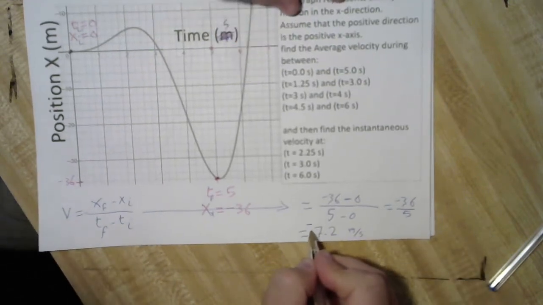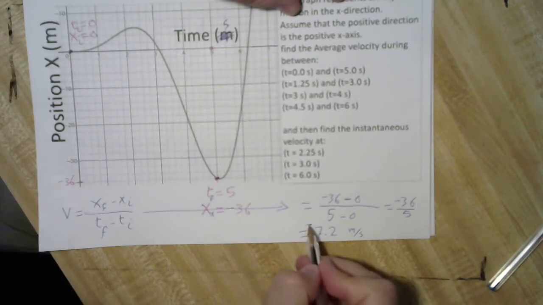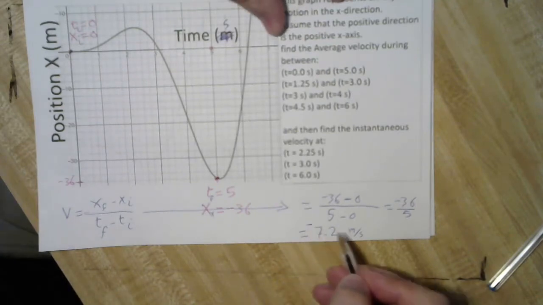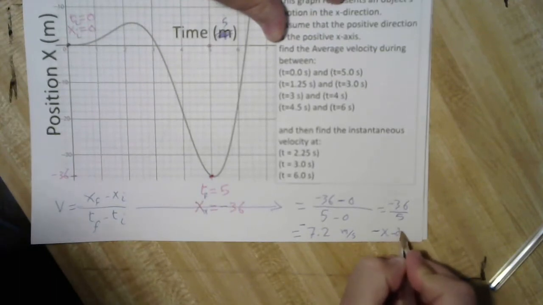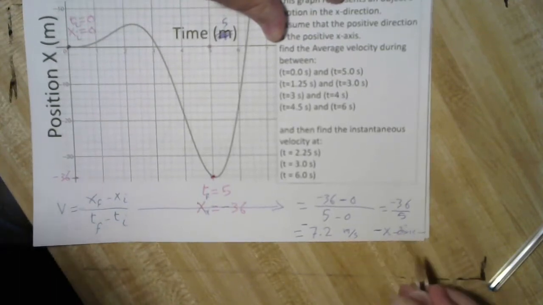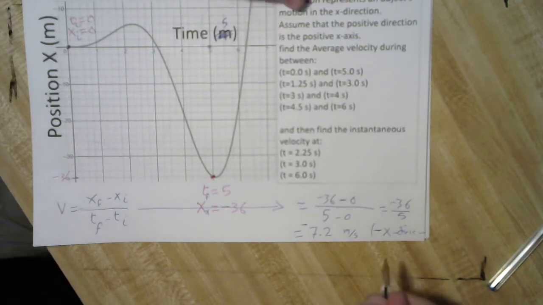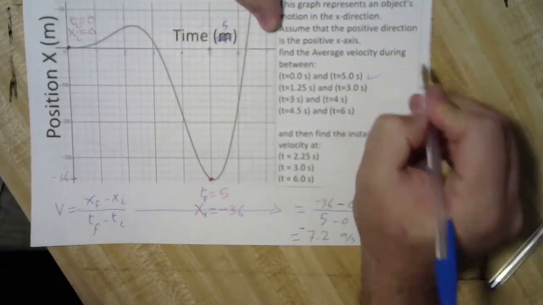The minus sign means that the body is moving in the negative x direction. Is that clear? Okay, I calculated the first velocity.